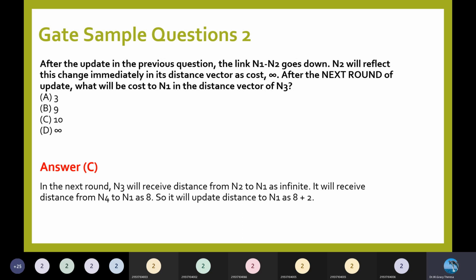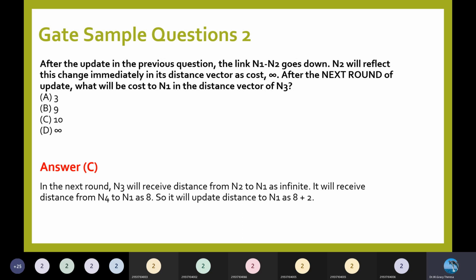The answer is 10. In the next round, n3 will receive the distance from n2 to n1 as infinite, because the link between n1 and n2 has failed. But it will also receive the distance from n4 to n1 as 8, because n4 is still linked with n1.